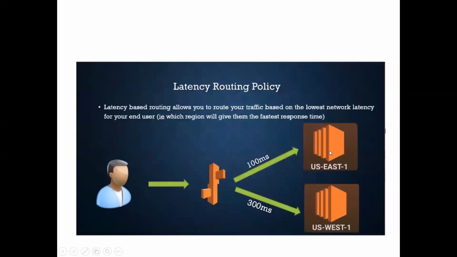The nearest region is East 1, so he can get a response within 100 milliseconds. For him, US West 1 is the farthest, far away. It will take some 300 milliseconds to get the response. That's the reason latency-based routing policy allows you to route the traffic based on the lowest network latency.